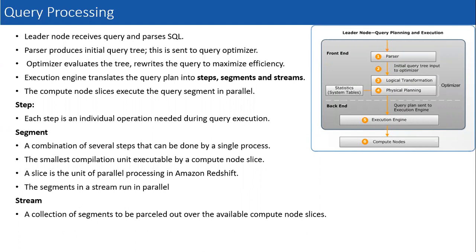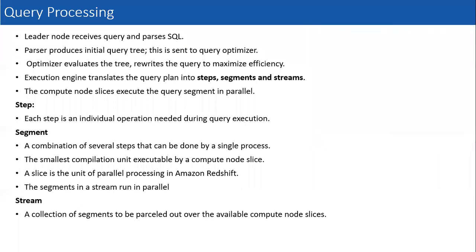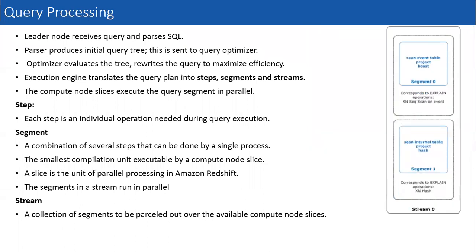If we further break down what is being passed on to a compute node, we will have something called a step, a segment, and a stream. Maybe with an example we can see what a step, a segment and a stream are. Say we are submitting a query with two tables being joined.